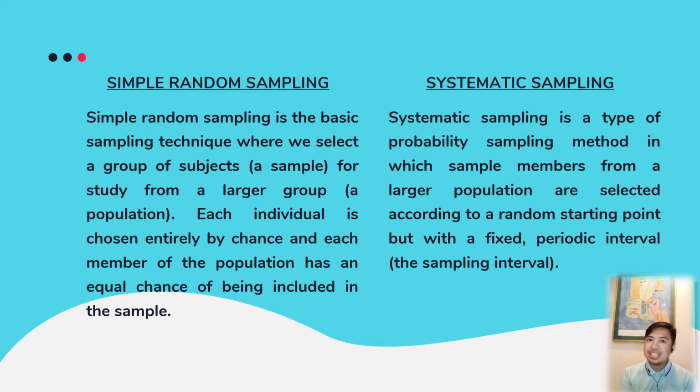So, paano siya naging systematic? Susundin natin yung sampling interval na every fifth in the list. So, if I have a list of 1,000 members of the population, every fifth ang pipiliin ko. So, that will be the fifth in the list, the 10th in the list, the 15th in the list. So, may interval kung sino pinipili mo. Okay, so that will be systematic sampling.